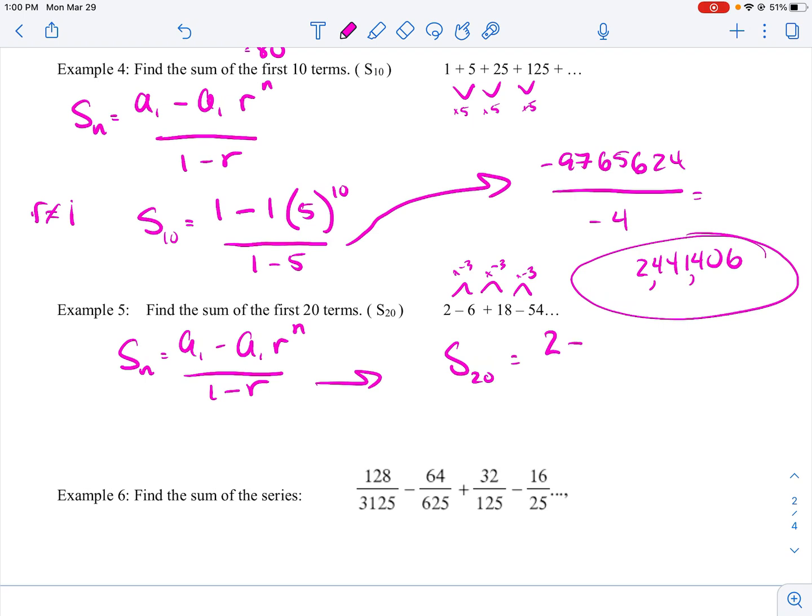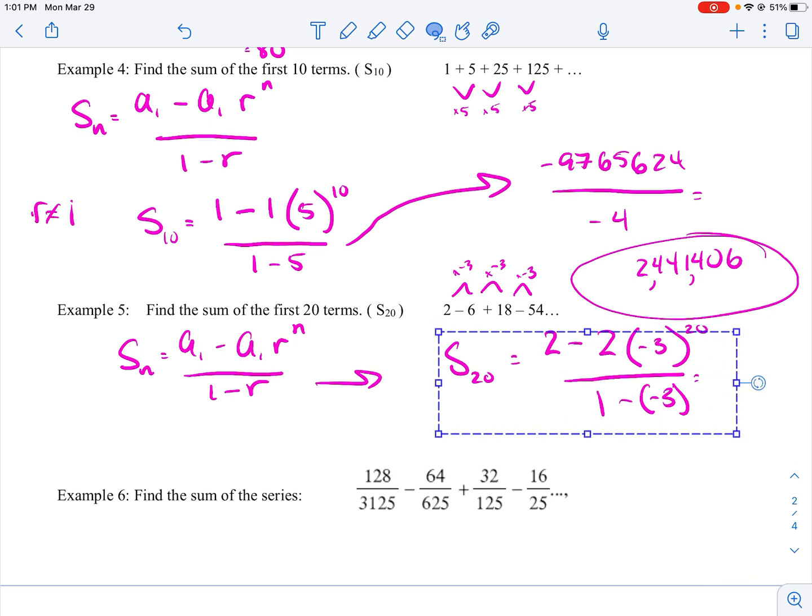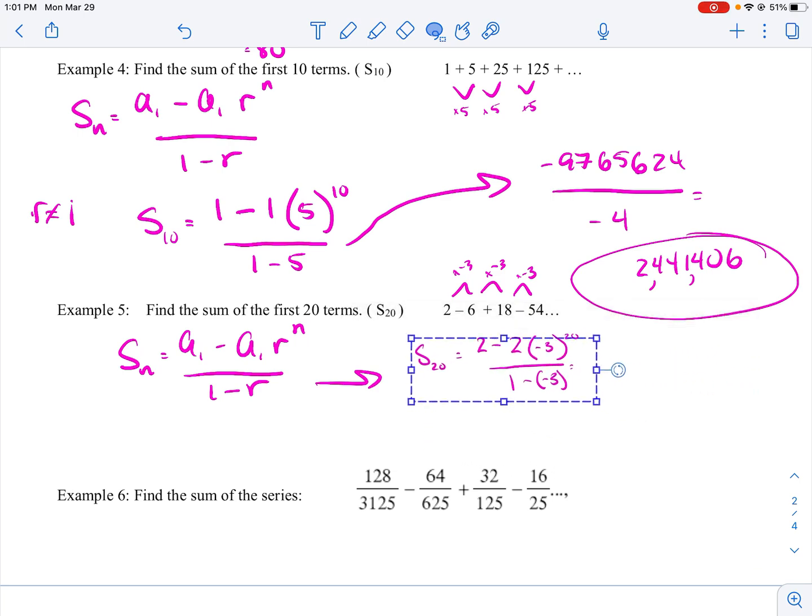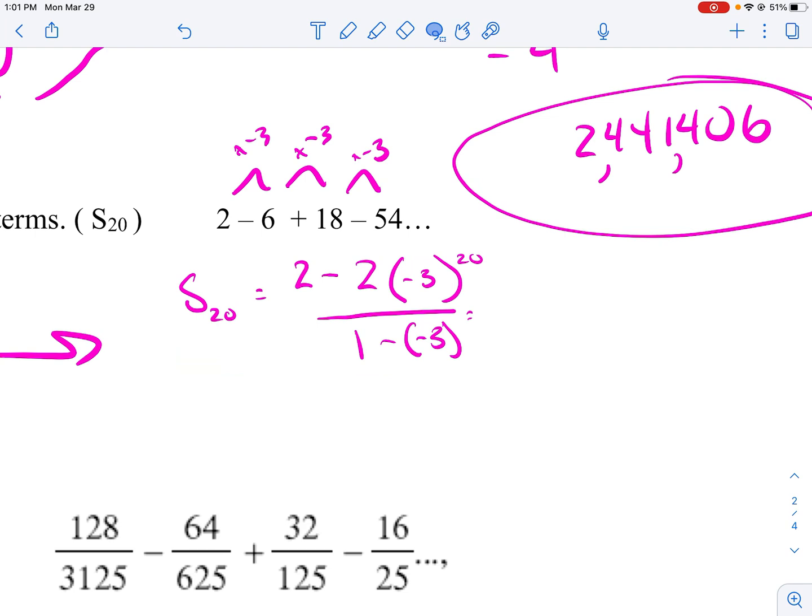First term is 2, minus 2 times our ratio, which is -3 raised to the 20th power, all over a 1 minus a -3. Okay, so on the top, I'm probably going to have to shrink this down here. All right, so we're going to get 2 minus 2 times a -3 raised to the 20th power.